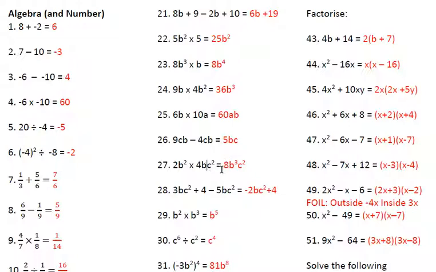Next bit over here, we've got the two coefficients, number 27. 2 times 4 will give you 8. And because times is the main operator, we're going to add the powers. So let's look at B first. Write down B. You could do C first if you wanted to, but we're going to write down B first, alphabetical order. There's a power of 2, and there's also a power of 1.